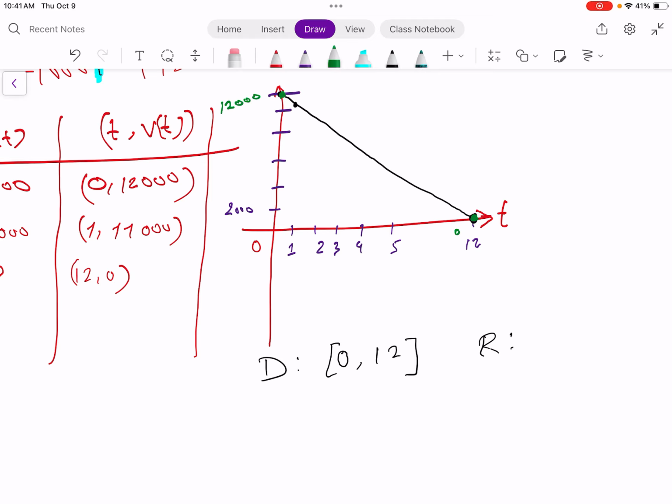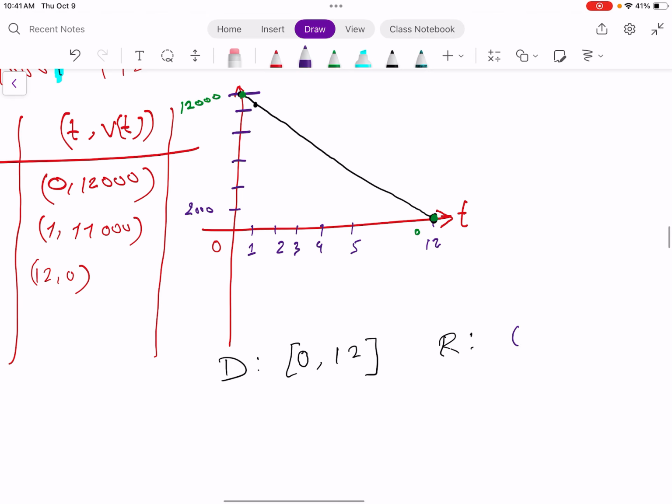Now how do we write an interval? Is it 12,000 to 0 or 0 to 12,000? It's always the small number first, then the big number, okay? So our range is every y value from 0 to 12,000. And this is the range. So this is how we can use a graph to find the domain and range.